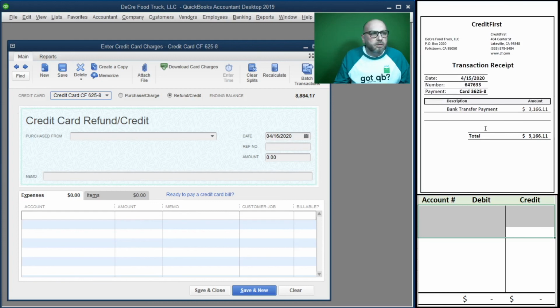Okay, and let's see, this is our credit card payment, right? So again, we're going to stay in this module because refunds are very similar, so we can use this module to post our credit card payment.